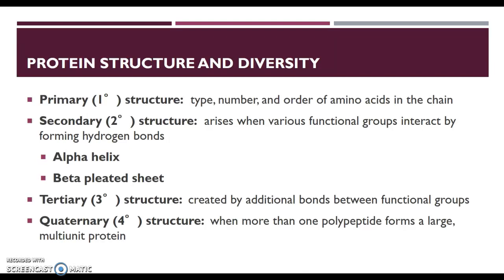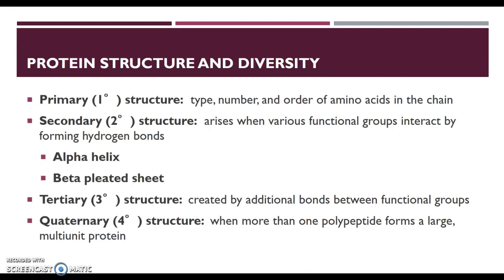Tertiary structure forms when additional bonds are formed between other groups within the amino acids. And this tertiary structure leads to a very complicated folding of that protein chain, and it leads to the functionability of the protein itself.